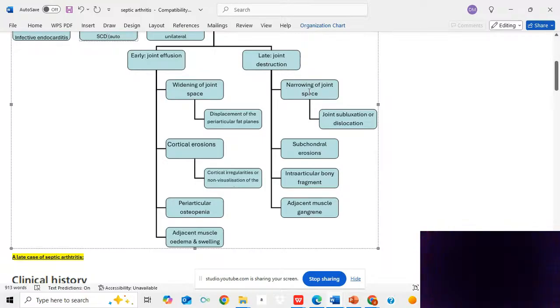By narrowing or loss of the joint space. Also, you can see joint dislocation or subluxation due to joint destruction. So the first sign is narrowing or loss of the joint space, maybe associated with joint subluxation and dislocation. The second sign is subchondral erosion.